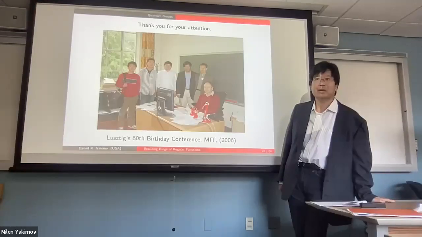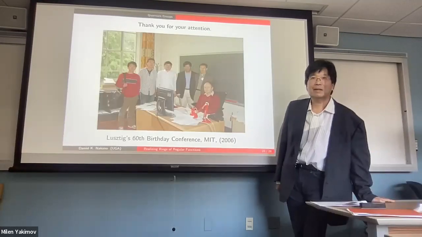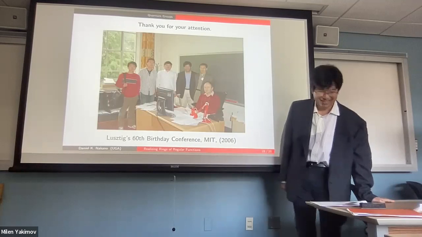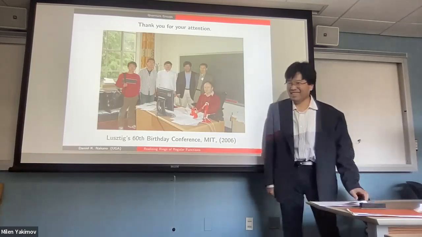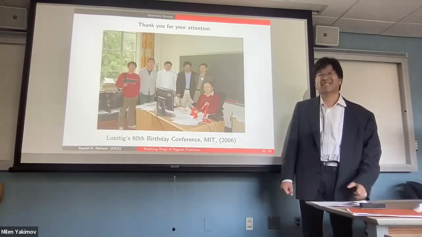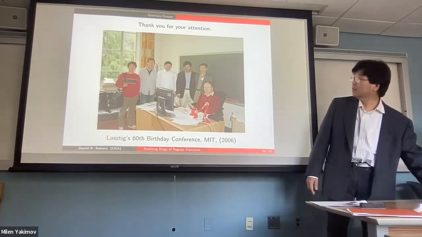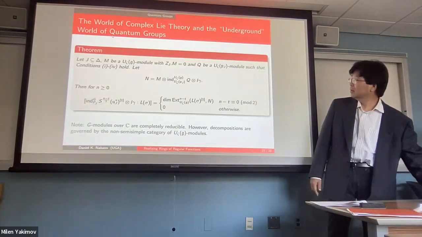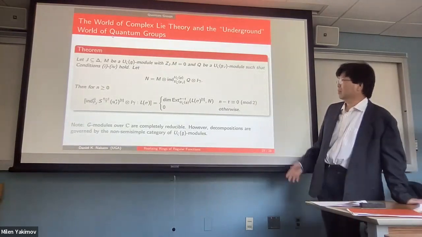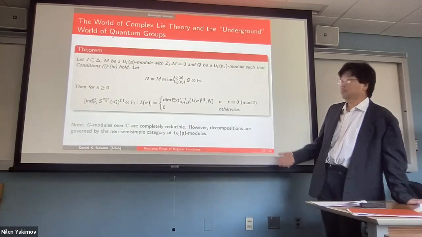I wanted to ask why the world of quantum groups is darker. Well, it's kind of hidden, right? Let me go back a little bit. It's just something which is kind of hidden and mysterious.